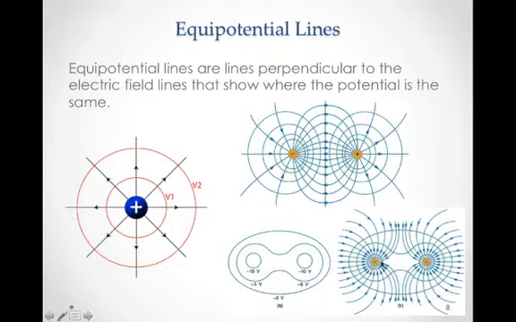When you have like charges, and we get this repelling here, in this case the field lines are going inward, the equipotential lines, which are perpendicular to those field lines, make these kind of unique curves. They're easier to visualize if we pull them out here, and so you can kind of see the general structure of the equipotential lines if you had like charges repelling.